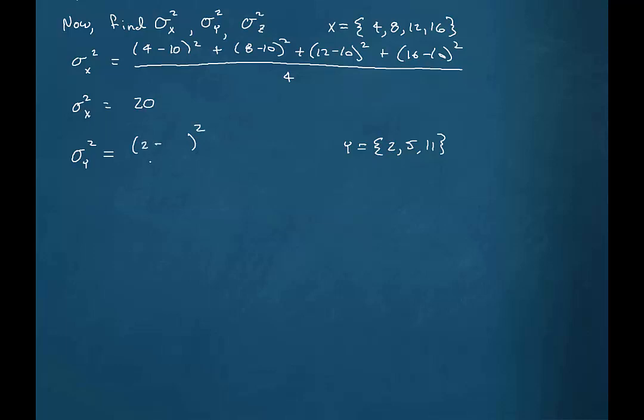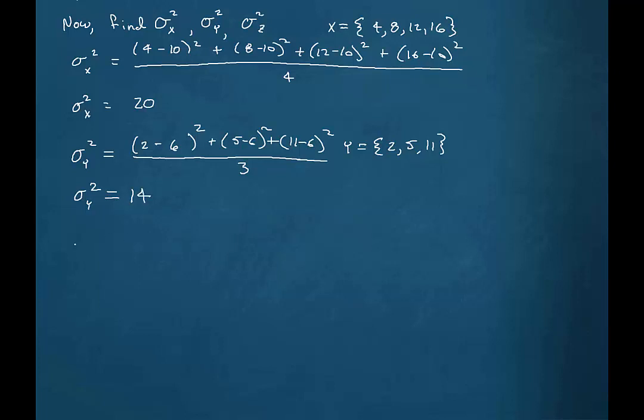So 2 minus 6, that mean was 6, and then square, and then we're going to add those up, and then divide by the number of terms we have. So that's then going to be 5 minus 6 squared plus 11 minus 6 squared. And then we'll divide that by 3 because we have 3 terms here. And that variance is going to turn out to be 14.